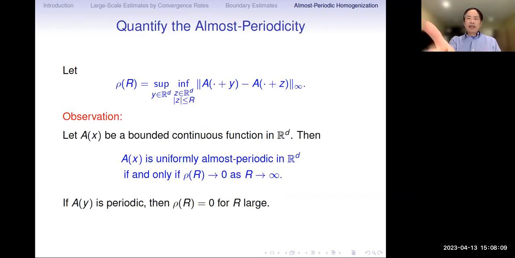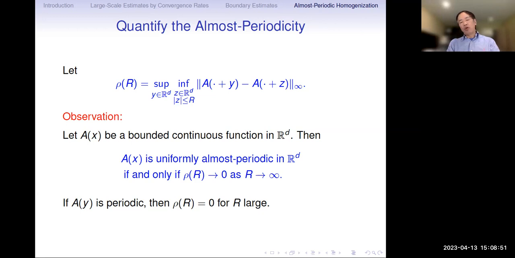Now we need to quantify the almost periodicity, and this is one way to do it. You look at the translation of the coefficient matrix A. So you have A(· + y) and A(· + z), and for any y, you look for the difference between A(· + y) and A(· + z) with z less than R. When A is periodic, for any y you can always take the fractional part of y, and then the difference would be 0.